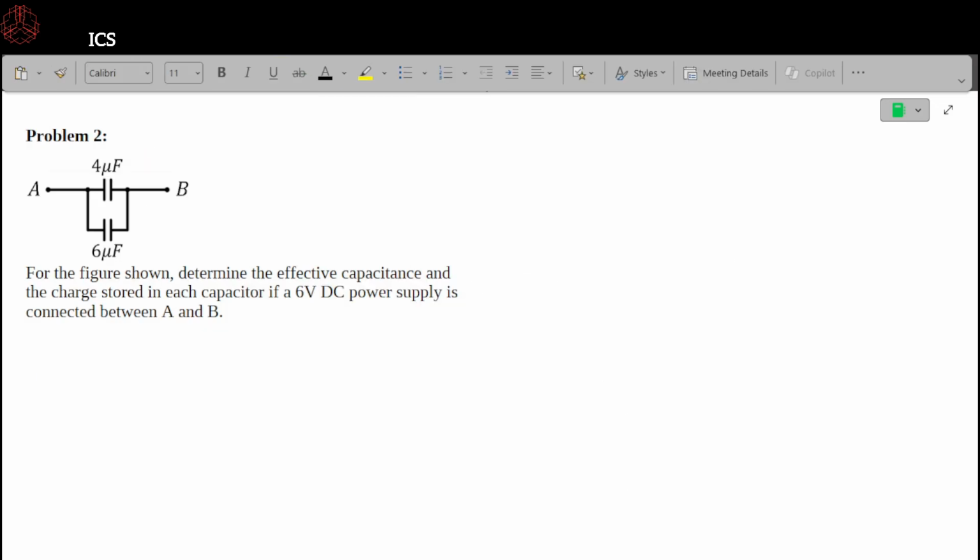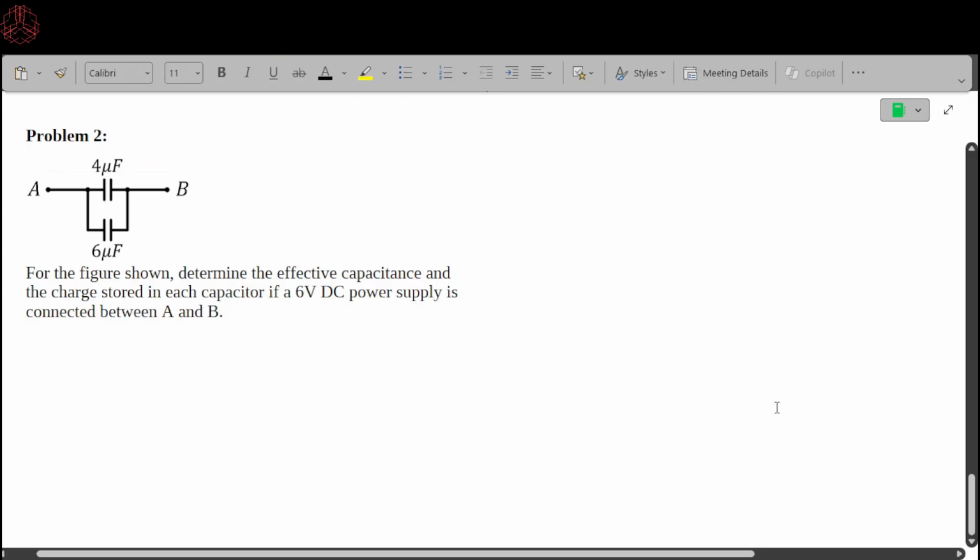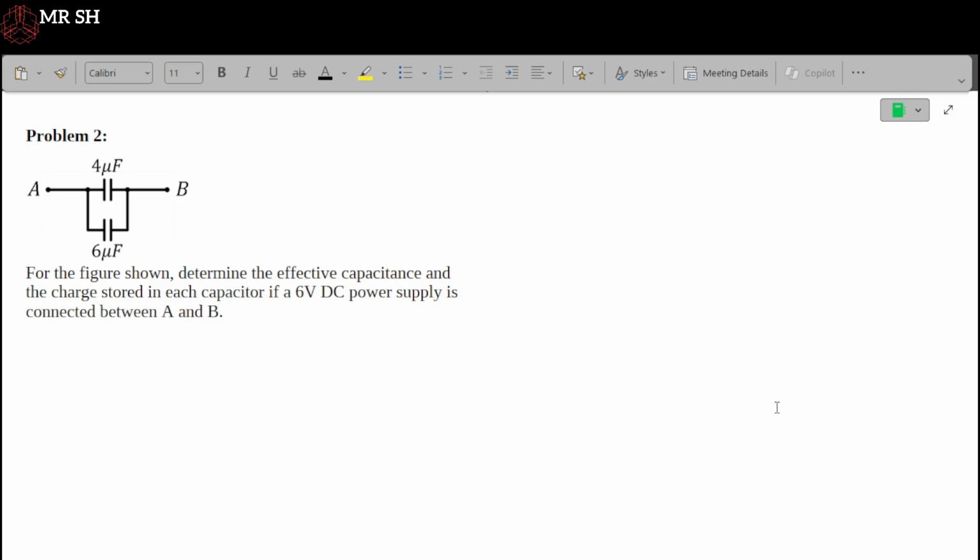In this problem 2, what we're looking for is a bit different from the previous one. Here we have the capacitors in parallel. If they are in parallel, that means their voltages are going to be the same. So the voltage across the 4 mu and the voltage across the 6 mu farads are the same.